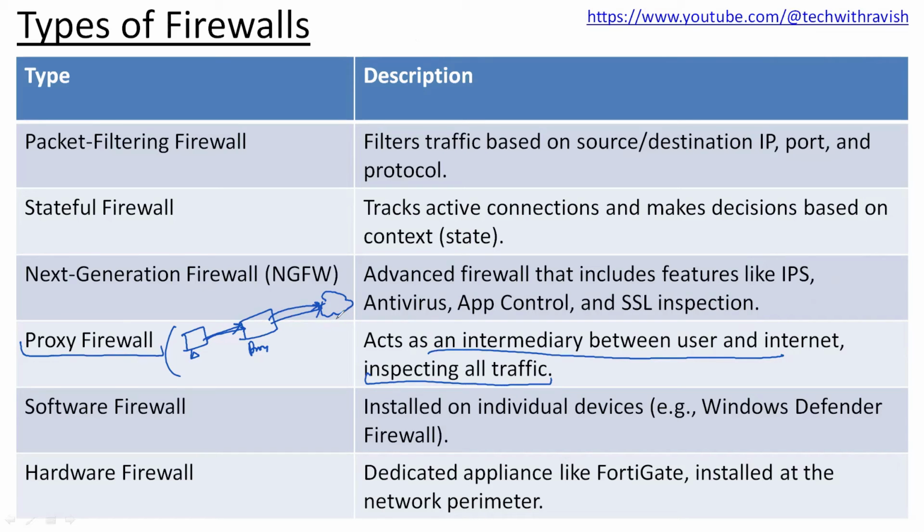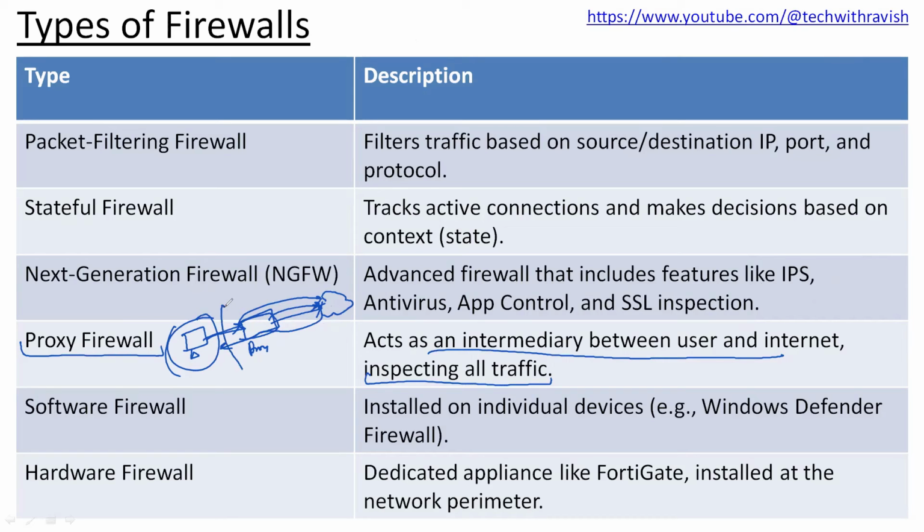If allowed, the proxy makes the request to the destination server. If the traffic is legit, then this proxy firewall will ping the destination, and the response will also come back through this proxy firewall.